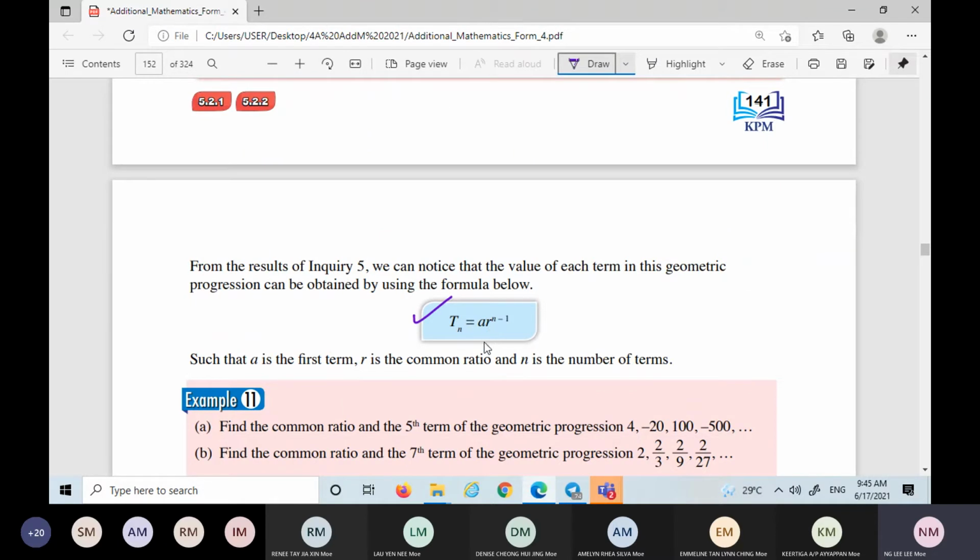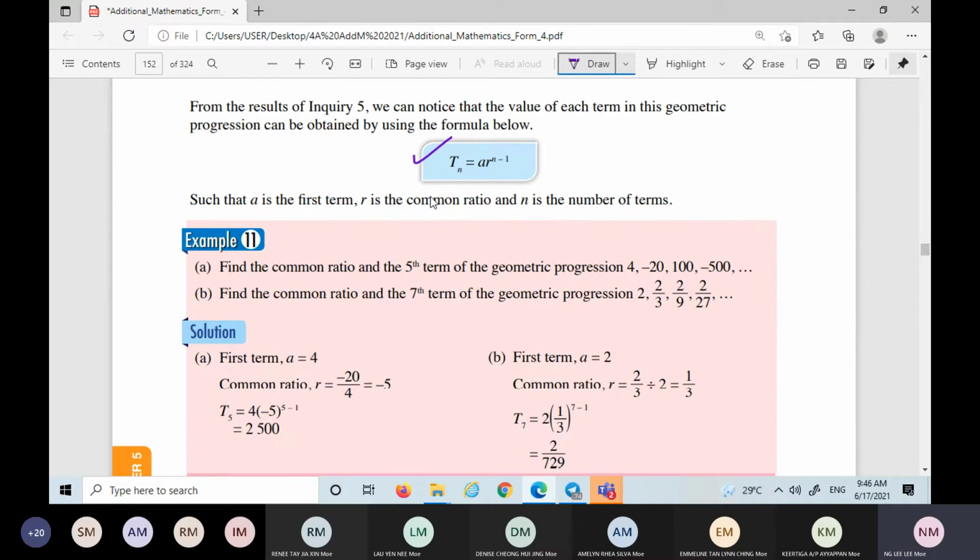For geometric progression, Tn is A R power n minus 1. Be careful, this power n minus 1 is on this R only. It has nothing to do with the A, it is separate from the A. Therefore, there is no bracket for AR. This power n minus 1 is on the R only.